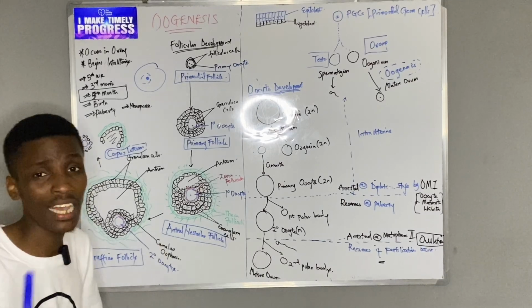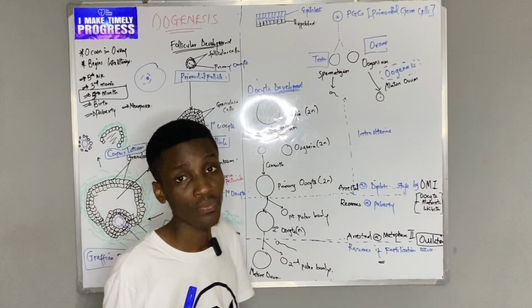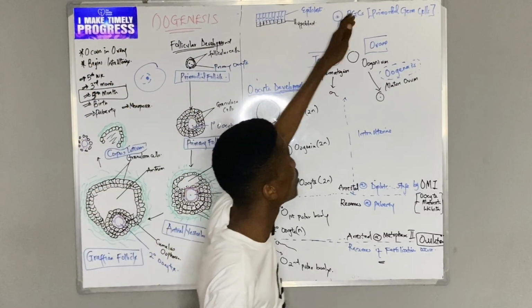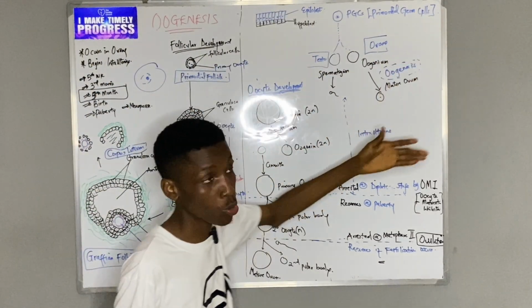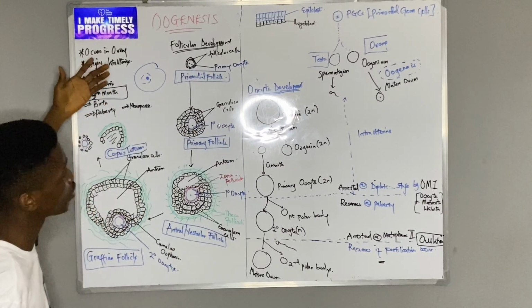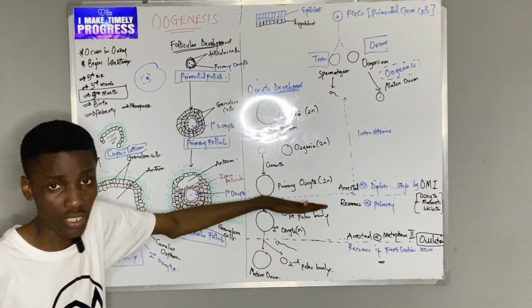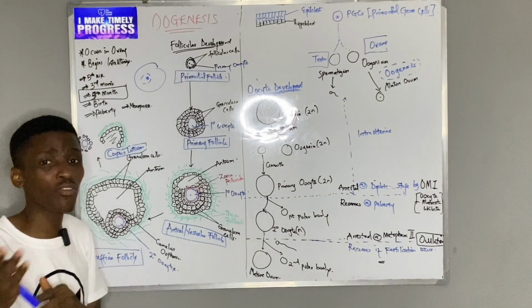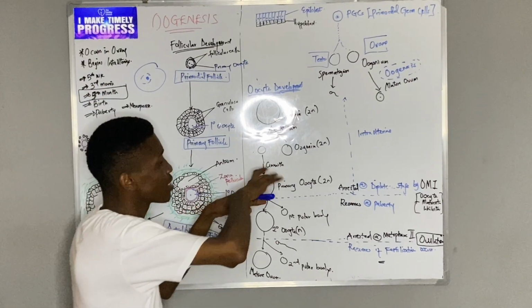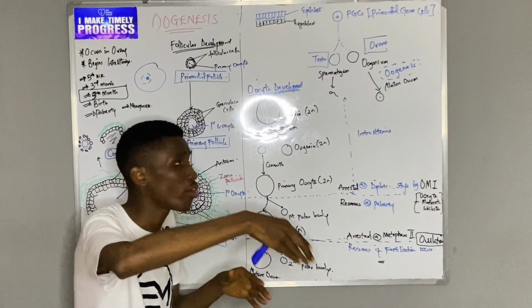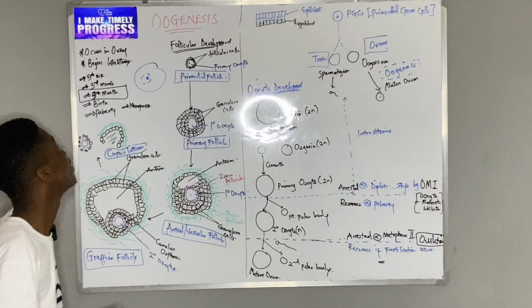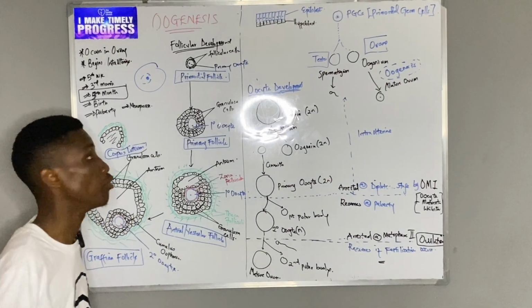Some notable dates I don't want you to miss or forget about oogenesis is the 5th week. This is when the primordial germ cells arrive at the ovary and become oogonia. Following this time, division begins. Oogonia will start doing mitosis. And then at the end of the 3rd month, the oogonia are in clusters surrounded by follicular cells. Remember where we get them from? Yes, the surface epithelium of the ovary.